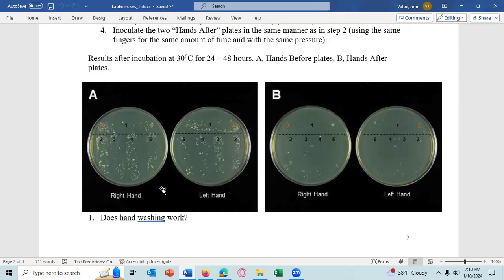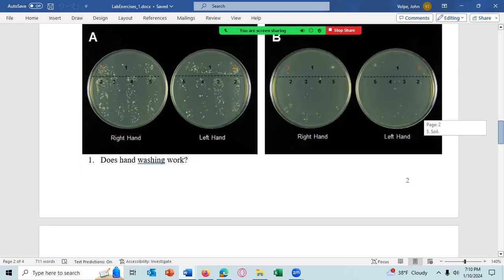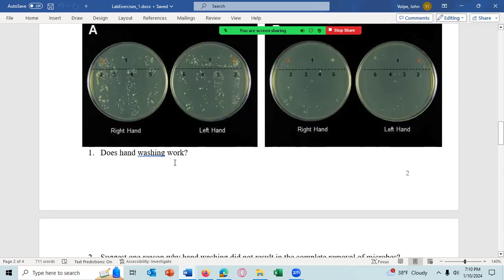And then you wash your hands, and then you dry your hands, and you touch the plate again. And here we have the right hand, and there's the left hand. And answer the questions. Does hand washing work?